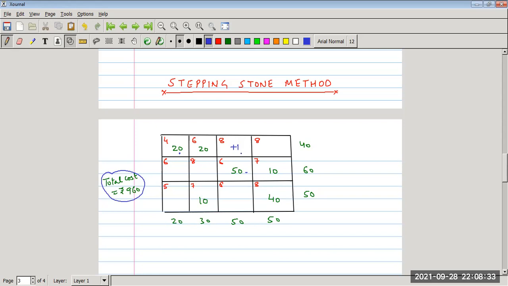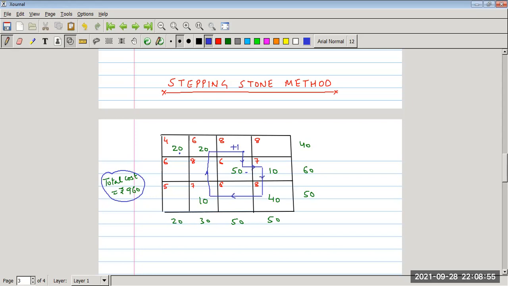First we check which allocations form a loop. So we start from this point, we move vertically, horizontally, vertically, horizontally, vertically, and then come back to this point. So it forms a loop like this.